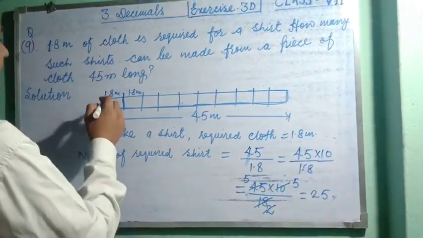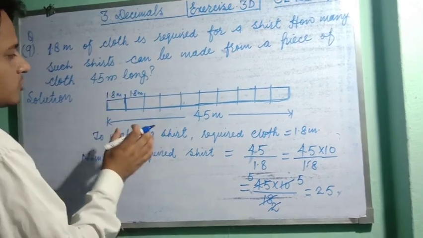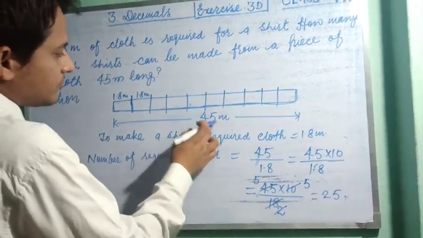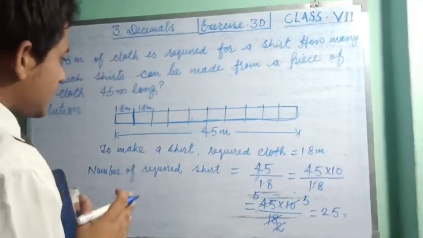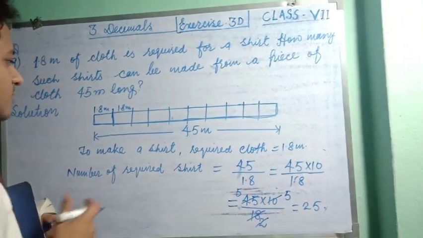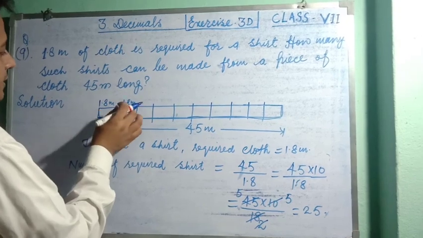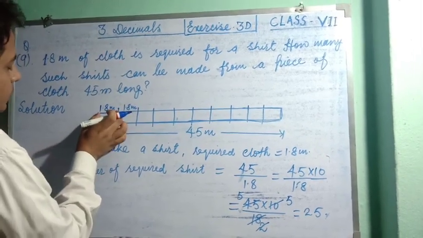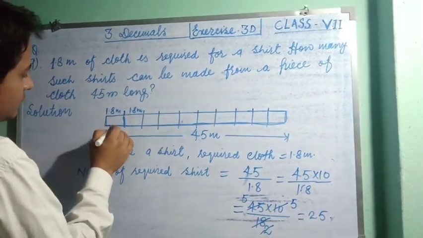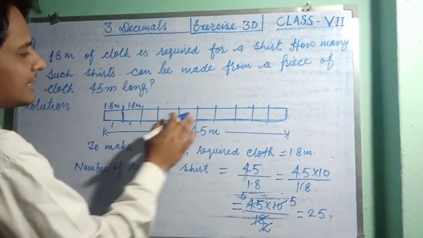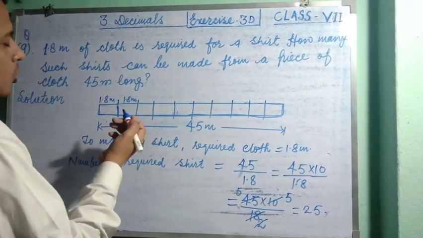Now see, here is the 1.8 meter because we have a 45 meter of cloth, and we have to make shirts from this. Suppose we cut 1.8, 1.8, 1.8, one set, two set, three set, four set, and so on.